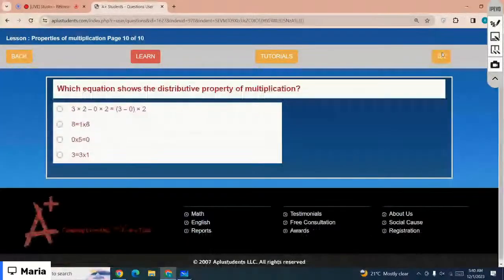Which equation shows the distributive property of multiplication? Which is the correct option? Which one shows the distributive property?